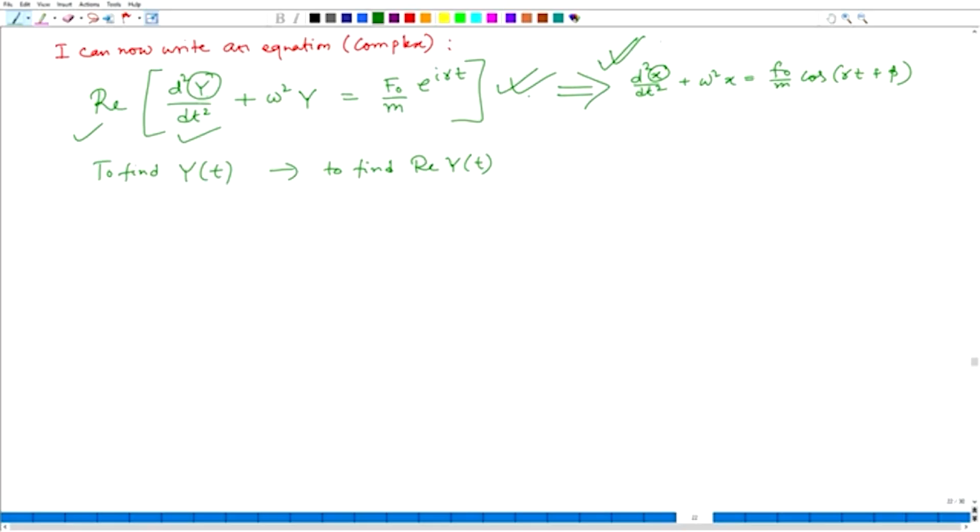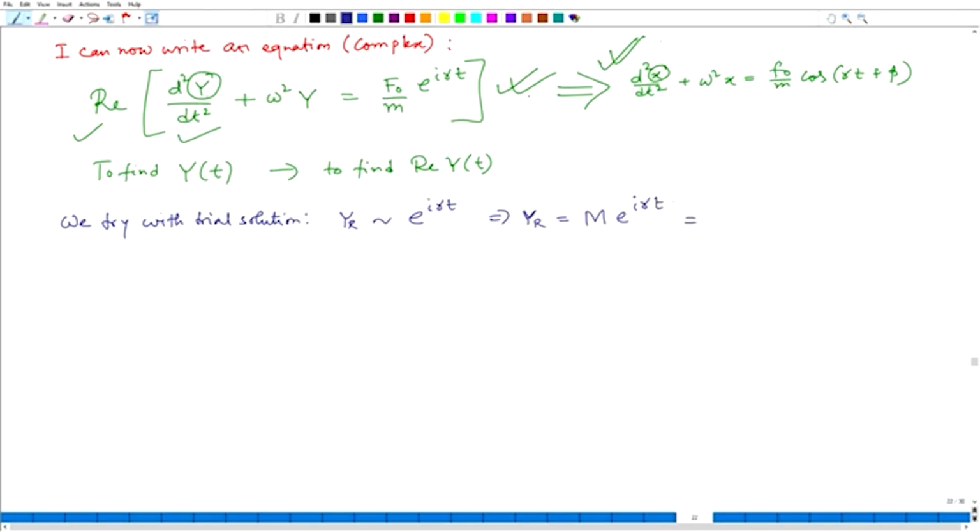Now, we try with a trial solution. So, if you take y_r proportional to just e^{iγt}, that means that y_r is equal to some capital M e^{iγt}.